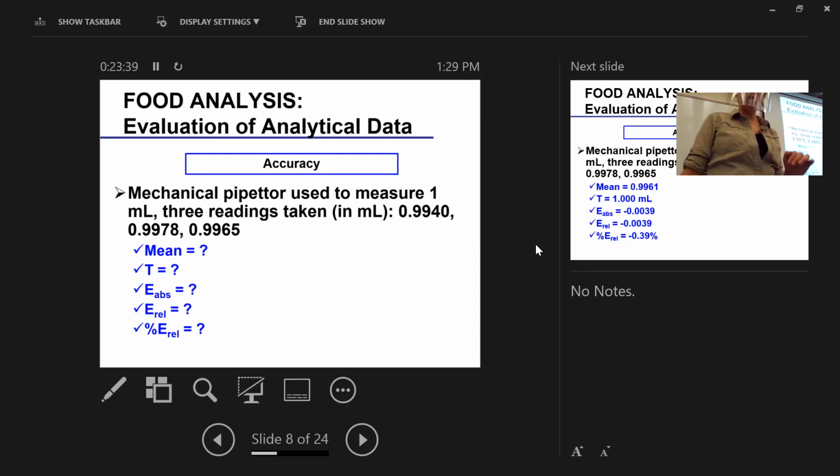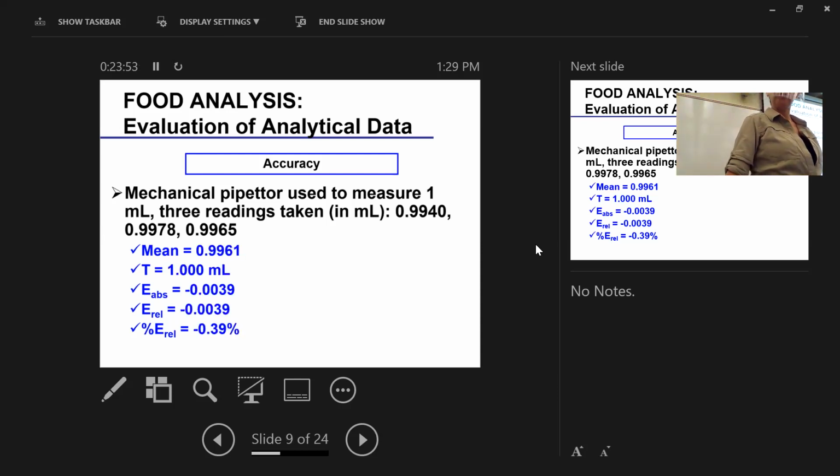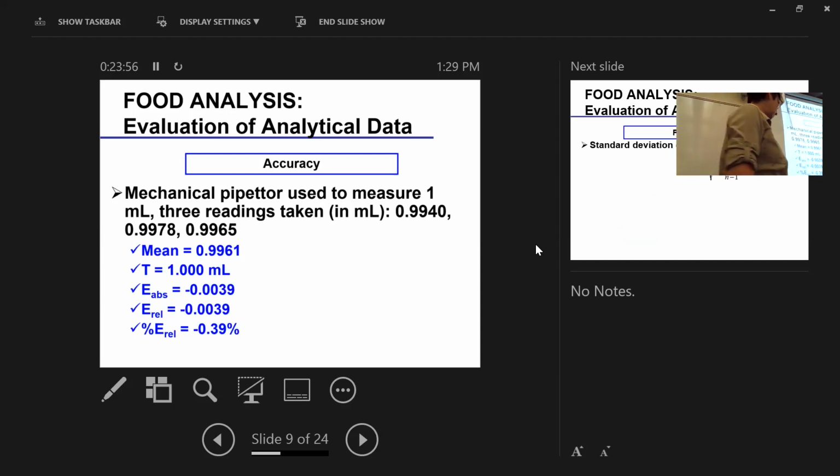That's only the direction, it will give you the direction of how different it is. All right, so then relative error, you divide by 1, right? And then percent relative error, you multiply by 100. So there they are for you. Okay, and like I said, you can report it with a negative or without a negative. It's good either way.